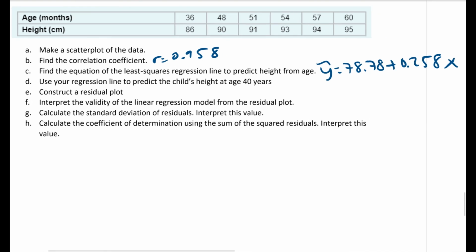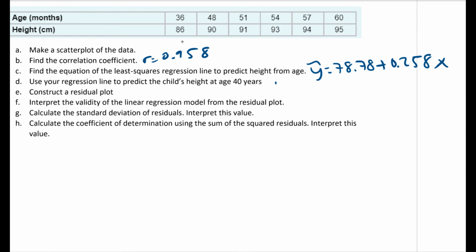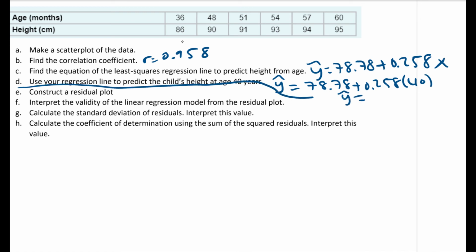All right, use the regression line to predict a child's height at age 40 months. So all you got to do is y hat is 78.78 plus 0.258 times 40, and that will give you what the height is. So y hat is equal to, this is for part D. Let's do that on the calculator real quick.